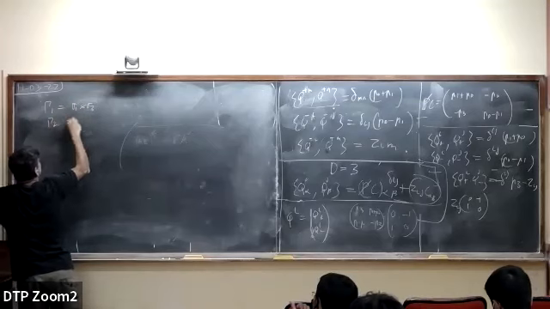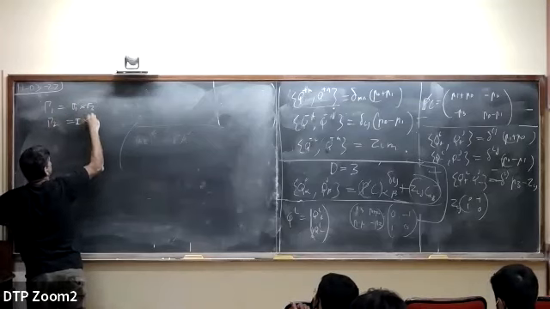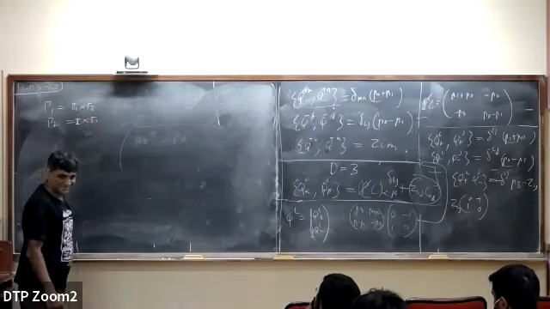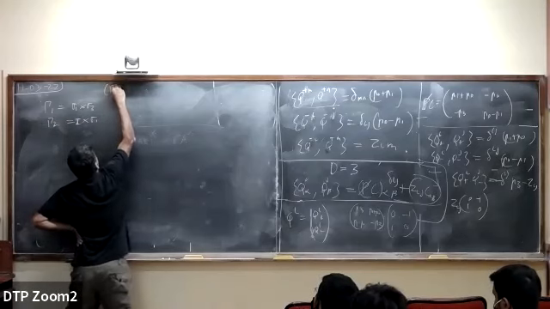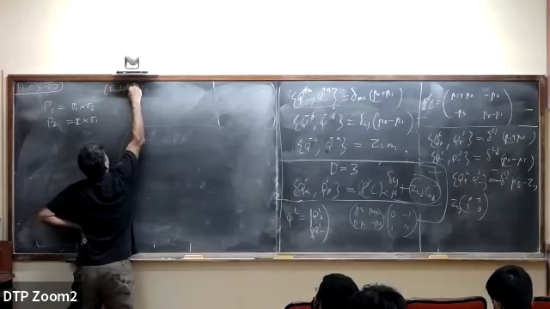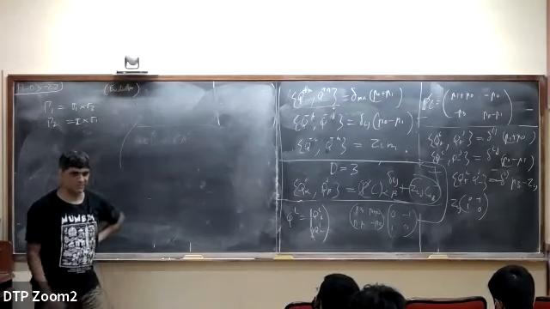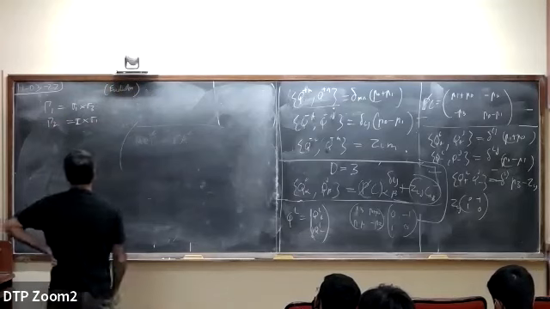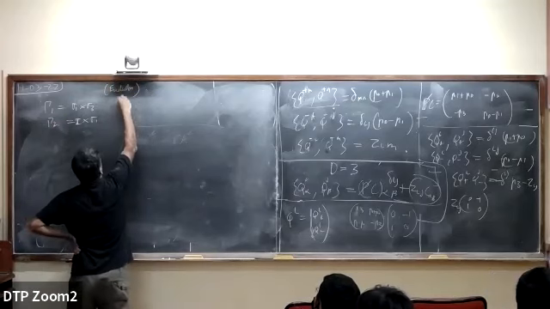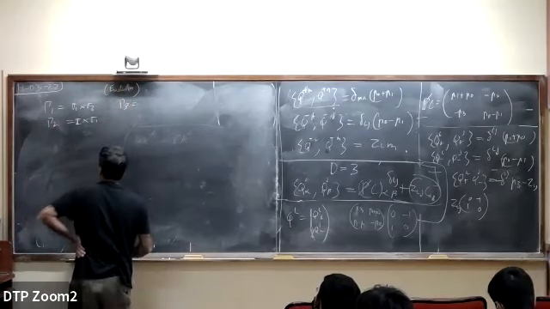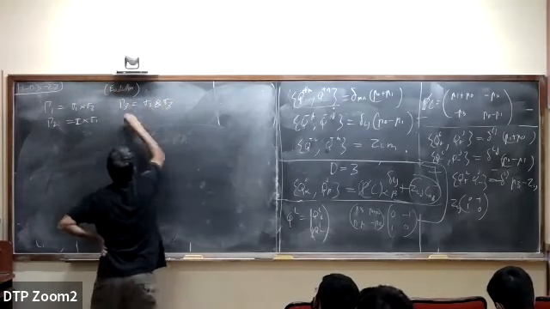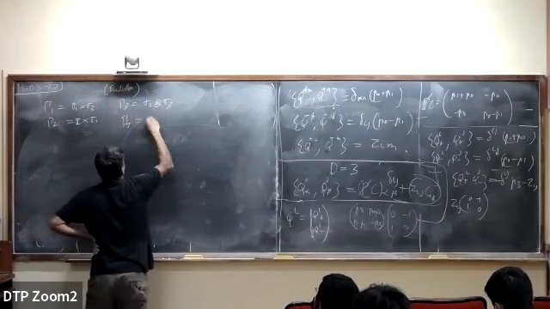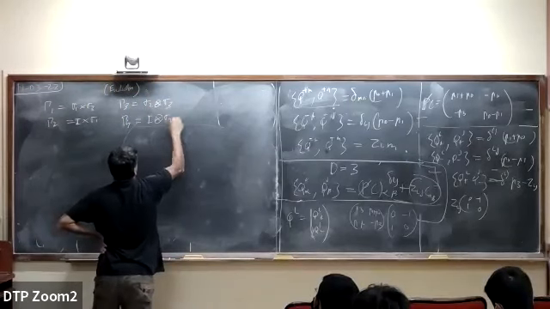Our gamma 2 is equal to identity times sigma 1. This was Euclidean for a moment. Our gamma 3 was equal to sigma 2 times sigma 3. And our gamma 4 was equal to identity times sigma 2.